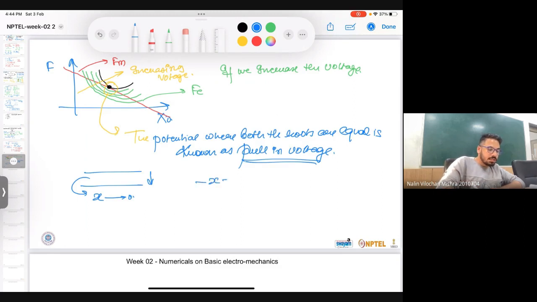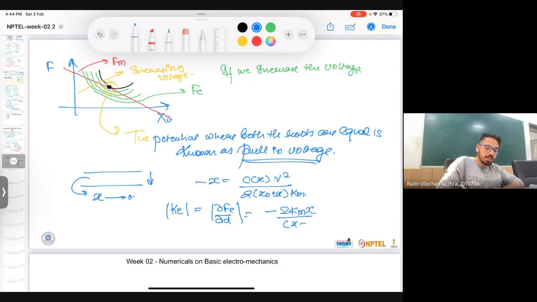So minus x is equal to CxV squared by 2(x naught plus x) Km. Here we will calculate Ke. So Ke can be calculated as this, which comes out to be 2 Km x by (x plus x naught).